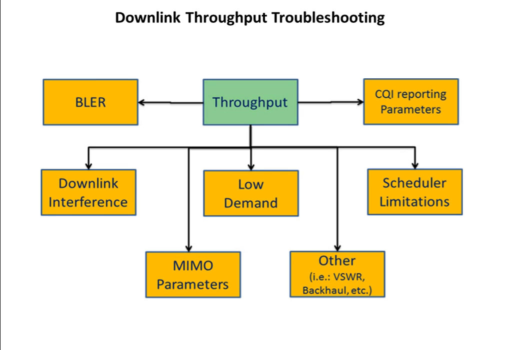Now the throughput troubleshooting. Low throughput could be due to poor BLER or poor CQI reporting parameters. It could be due to downlink interference, MIMO parameters and MIMO features, other features like VSWR or backhaul, low demand within the network, or scheduler limitation.